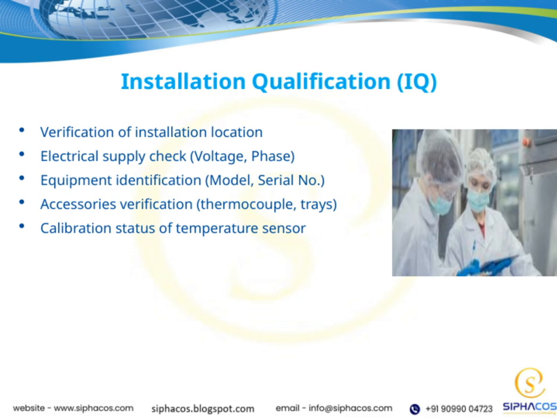We then identify the equipment by noting down the model and serial number, which helps with traceability and future maintenance. It's also important to verify all accessories, such as thermocouples and trays, are correctly installed and accounted for. Additionally, we review the calibration status of the temperature sensors to ensure accurate temperature monitoring.